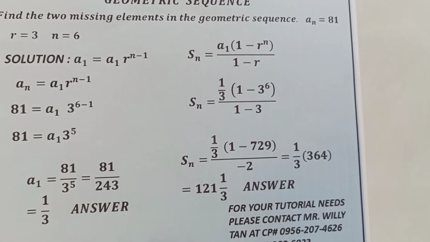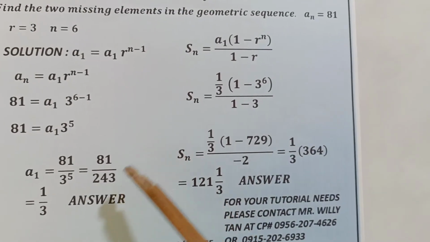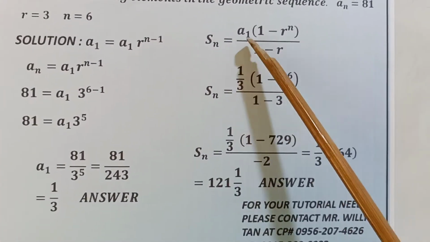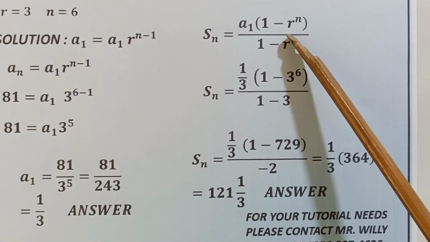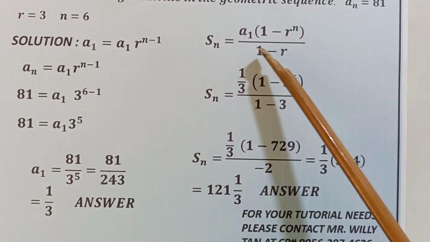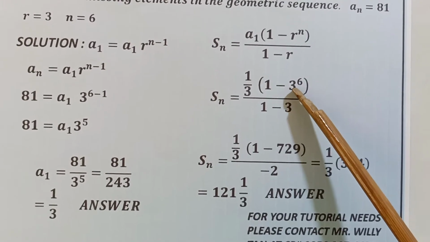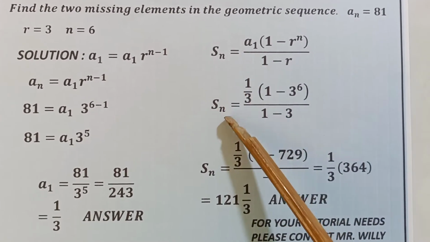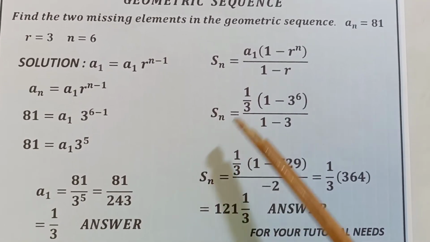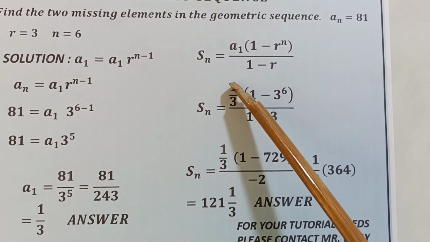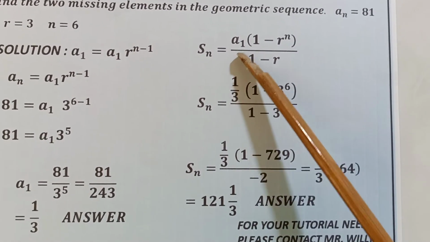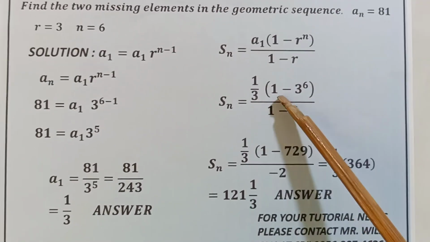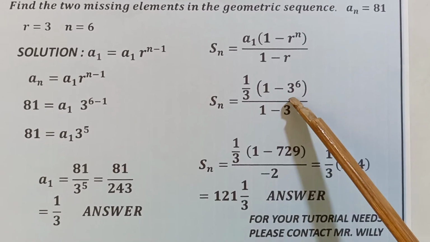The second unknown is S sub n, which is equal to a sub 1 times the quantity 1 minus r raised to n all over 1 minus r. Similarly, we just substitute all the given values. Since we have already found a sub 1, we substitute a sub 1 times the quantity 1 minus r raised to 6.